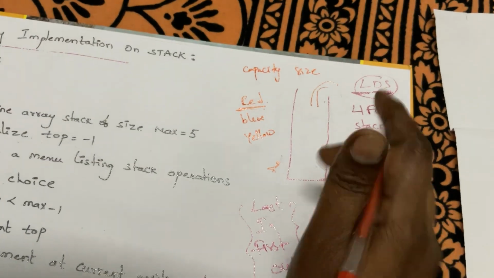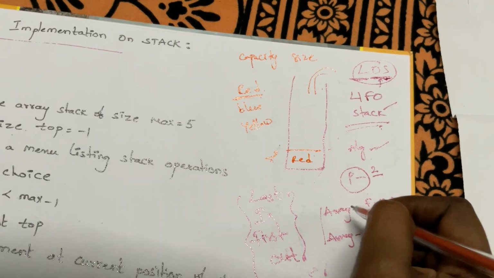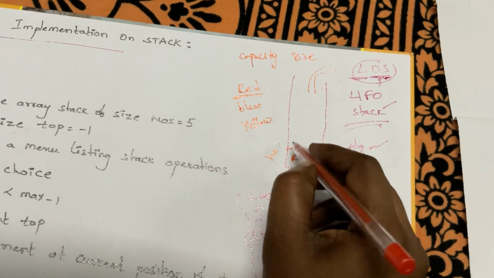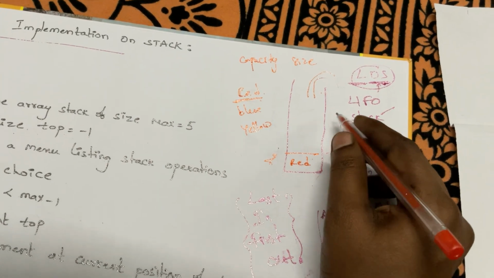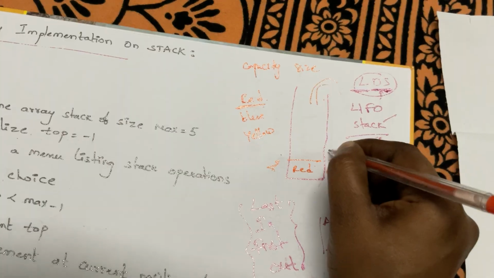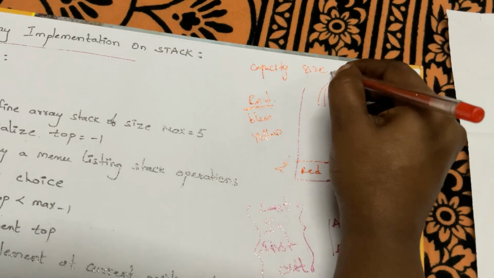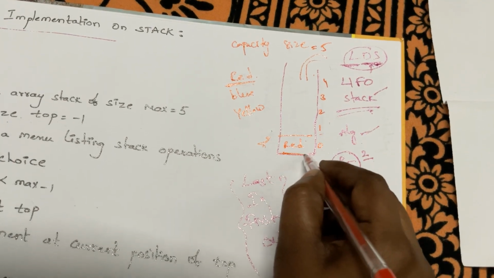Now I am placing the red ball here. After I place it, what is the pointer, or what is the capacity we utilized? Let's say this has positions 0, 1, 2, 3, 4. The capacity, or the size, is 5.